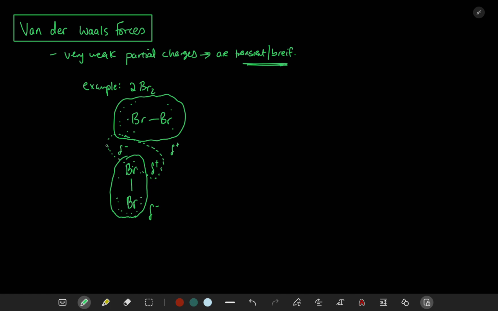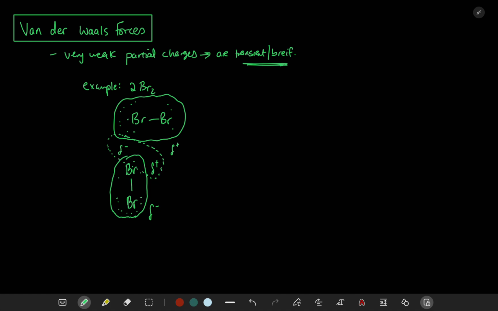And so this is what's called a van der Waals force, right? It's that weak and brief attractive force that results from these partial charges, which result from just a random orientation of electrons in one molecule, and how that affects the distribution of electrons in the other due to repulsive forces. And then the net result is a brief, really weak and transient attractive force between these two molecules.